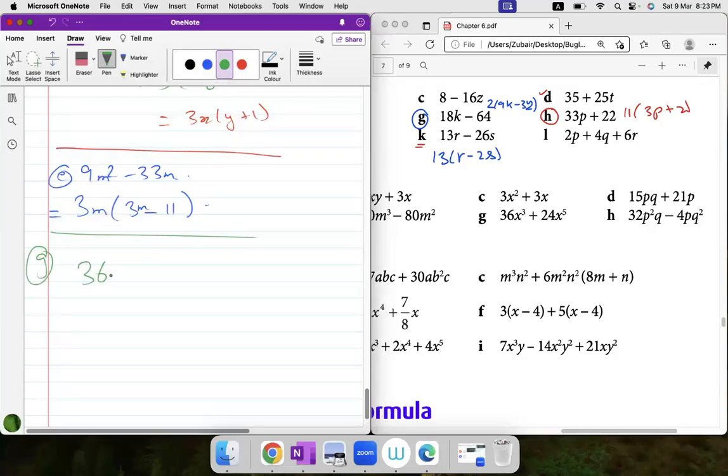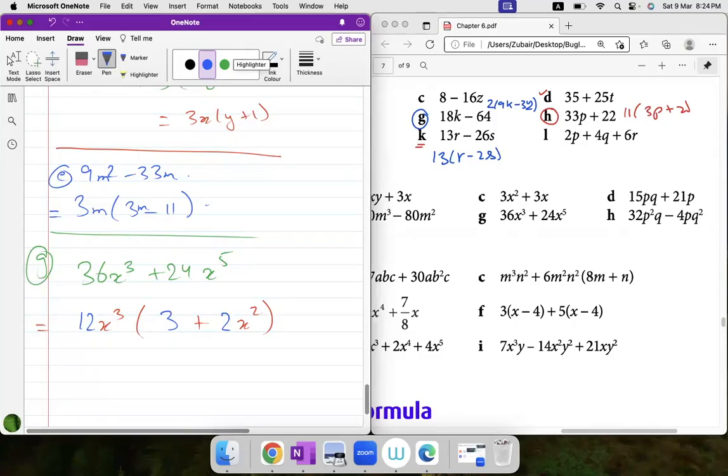G part is 36x cubed plus 24x to the power 5. 3x squared in brackets 12x plus x cubed. 12x 3 times, and then 3x plus 2x cubed.